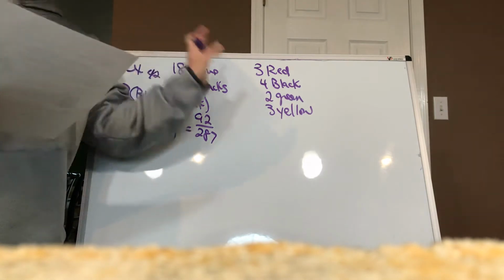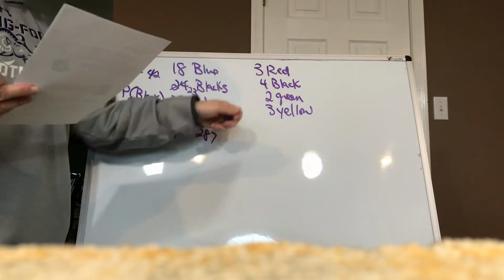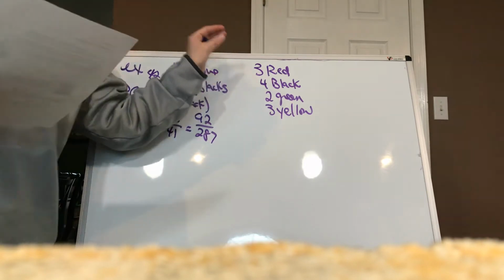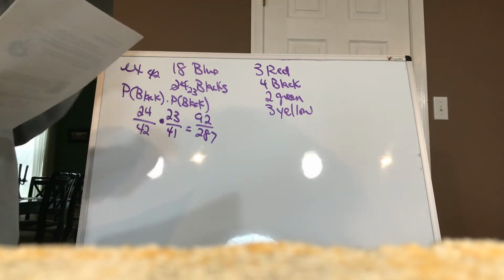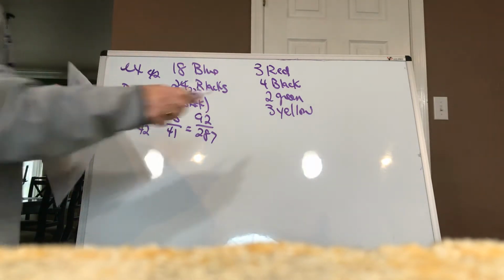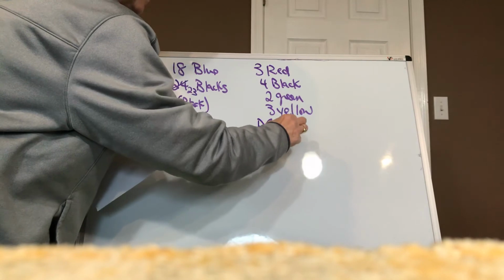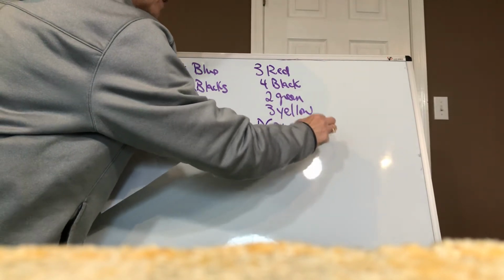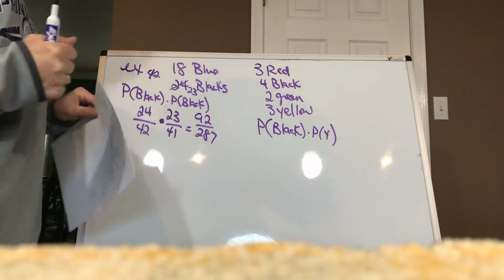So think about this. When you pack for a trip, if I'm looking in my closet and I decide I want to take a green shirt, I'm going to take that shirt and put it in my suitcase. Okay? So Maddie is packing for a trip. Find the probability that she packs a black shirt and then a yellow. And remember, she's putting it in her suitcase.